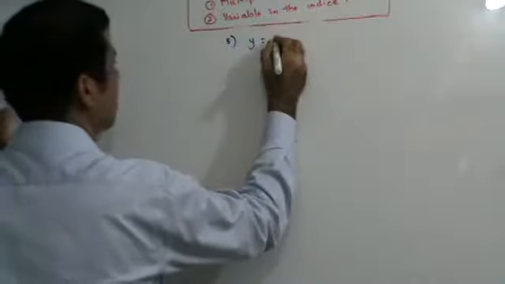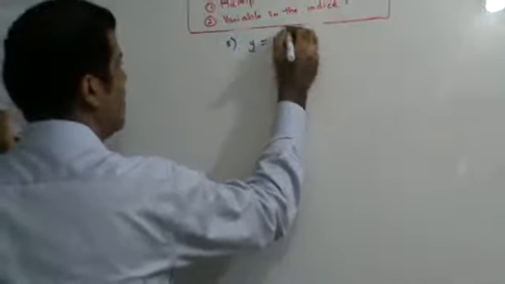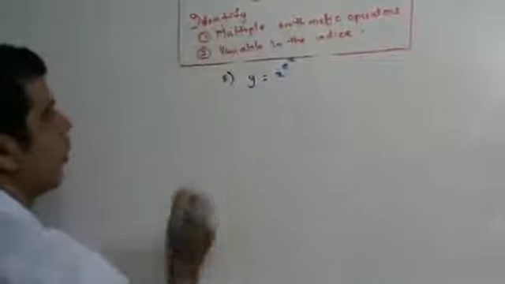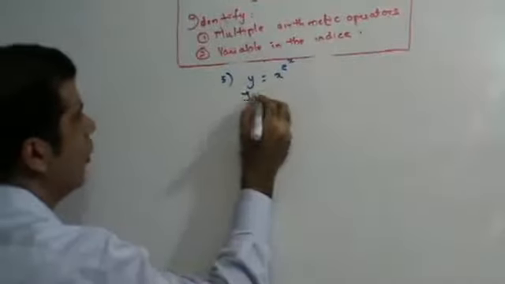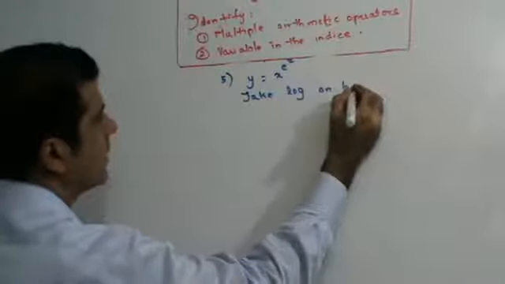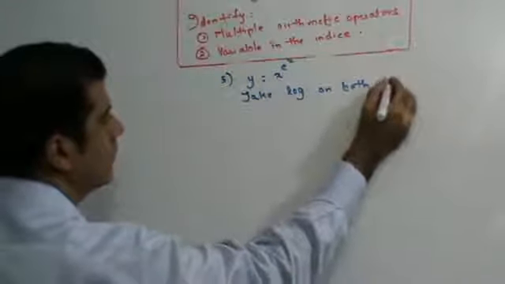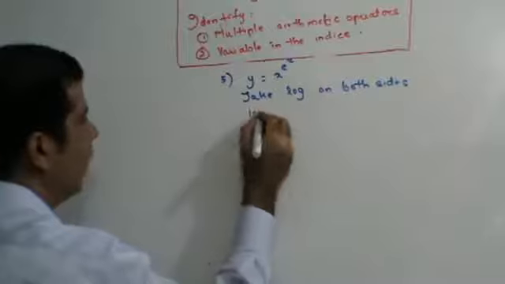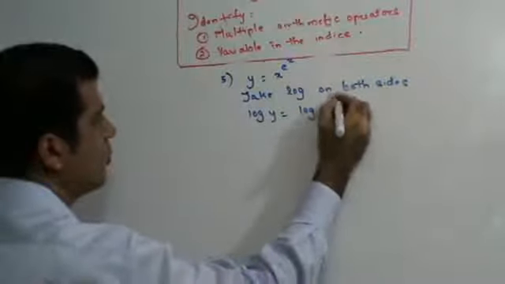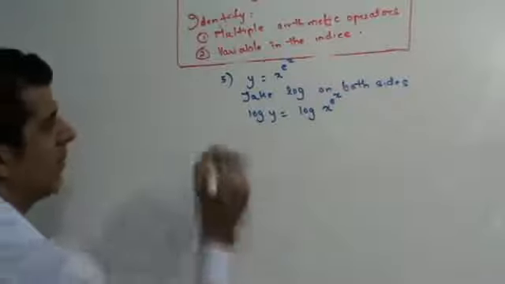Y is equal to x raised to e raised to x. You definitely have a variable in the index, that means it's a log function. Take log on both sides. I get log y is log of x raised to e raised to x.